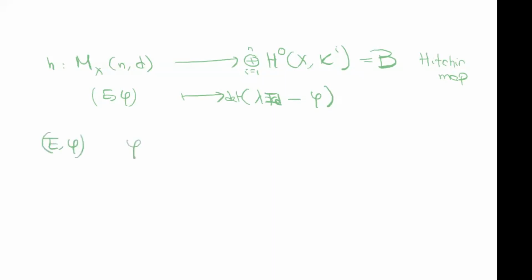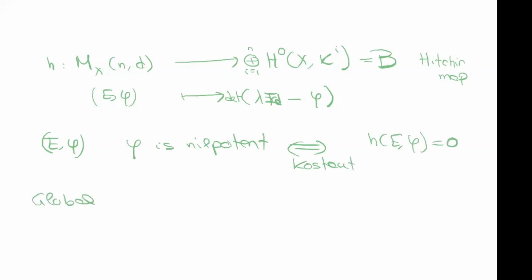Okay, so it turns out that given a Higgs bundle, the Higgs field is nilpotent, this is a theorem of Laumon, if and only if the image under the Hitchin map is 0. So the global nilpotent cone will be for us just the pre-image of the 0 section.